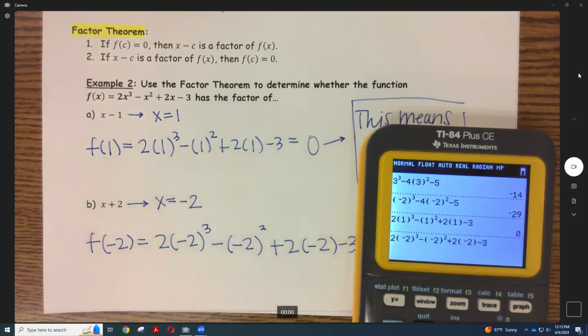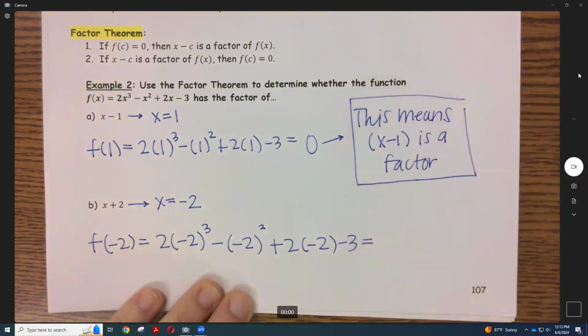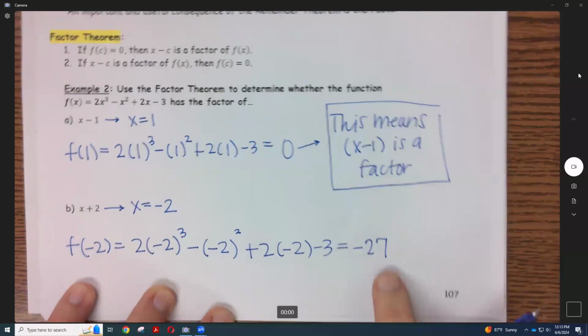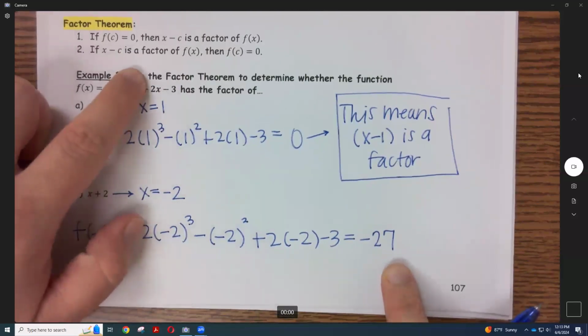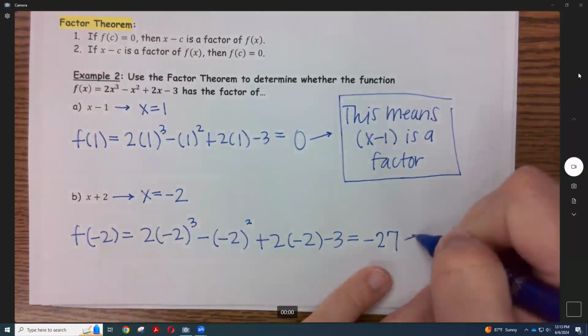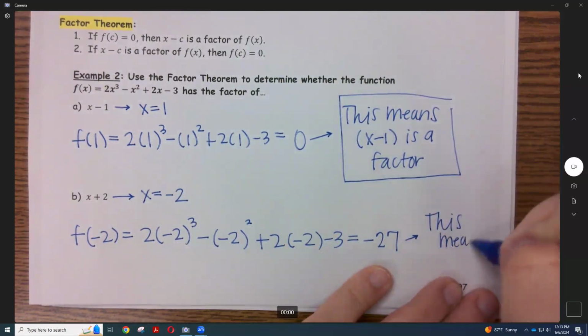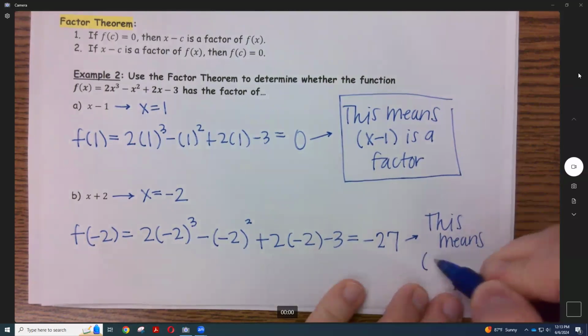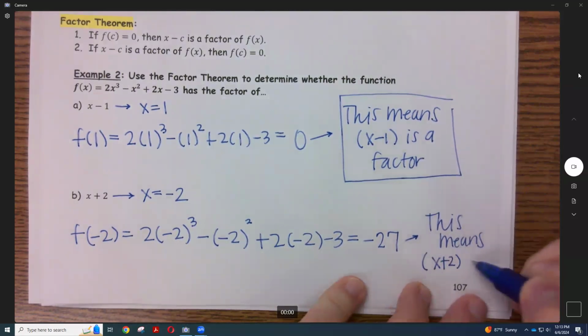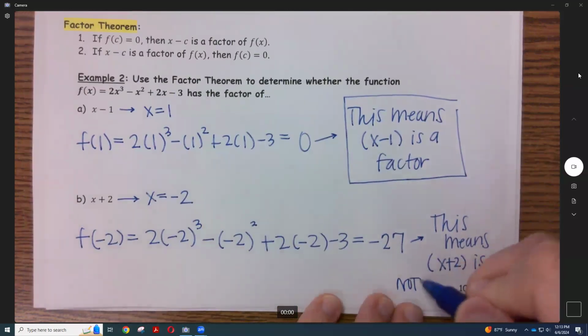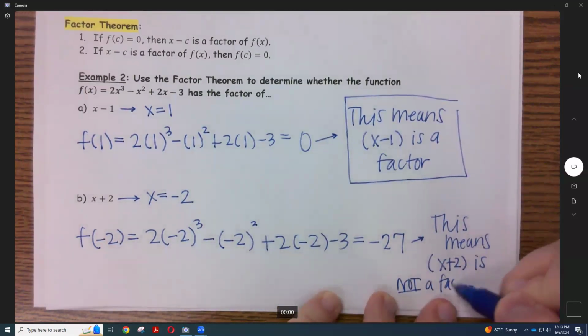Okay, so I'm changing all of those x's to -2's, and we get -27. So that tells me the remainder, but to answer the question, this means that x plus 2 is not a factor.